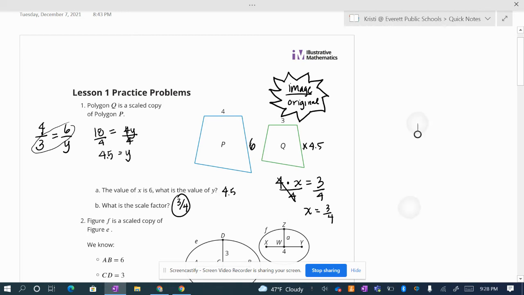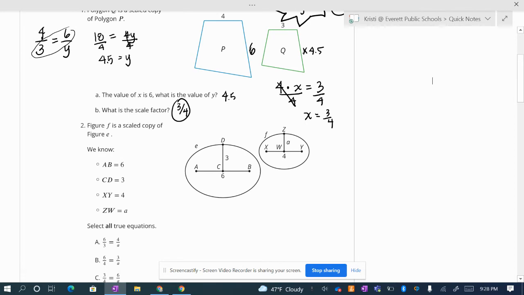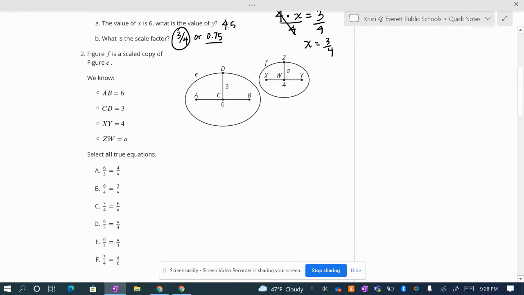So if you put the image, which is Q, 3 to 4, and then simplify it, this is already simplified, this is your scale factor. And if you did 4.5 over 6, you would get the same ratio, which is 3/4 or 0.75. So that is the scale factor. You can also express the scale factor as a decimal. There you go.